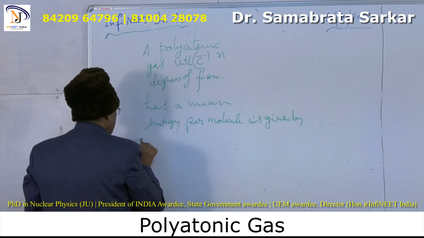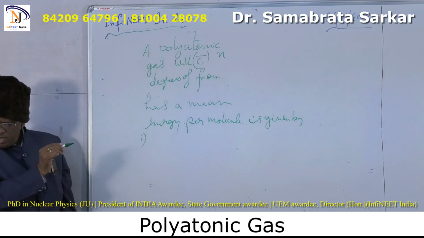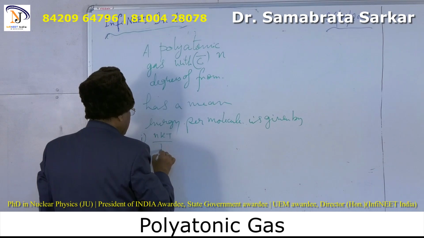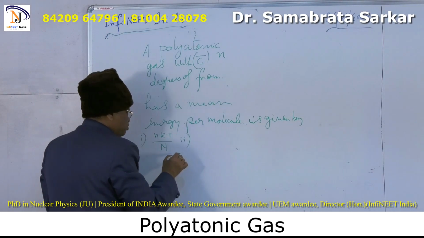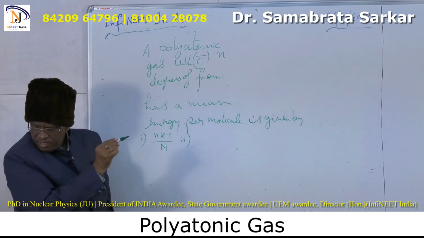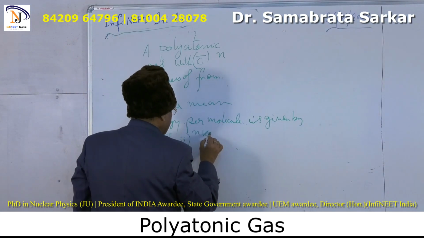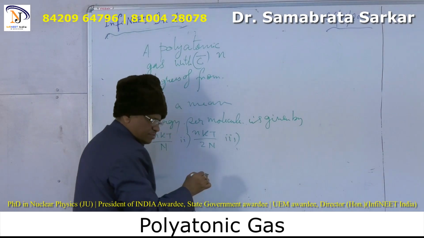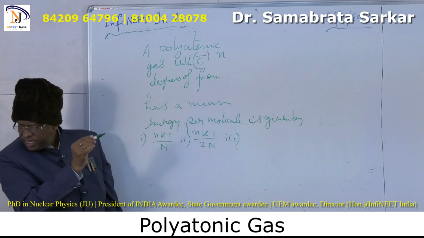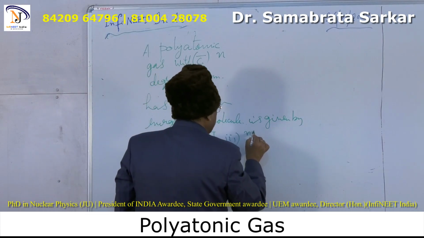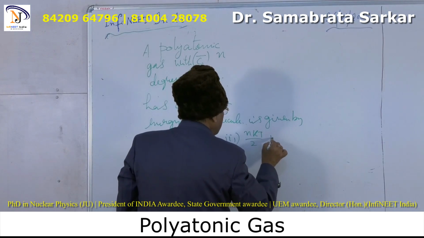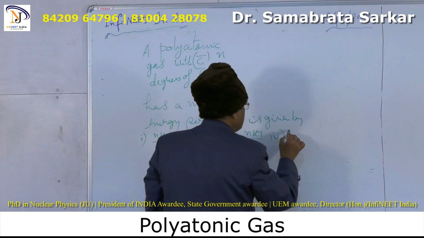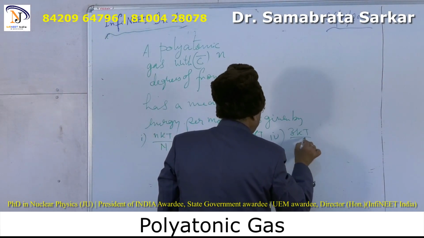Option 1 is nkT by N, with capital N. Option 2 is nkT by 2N. The third one is nkT by 2. And the fourth one is 3kT by 2.